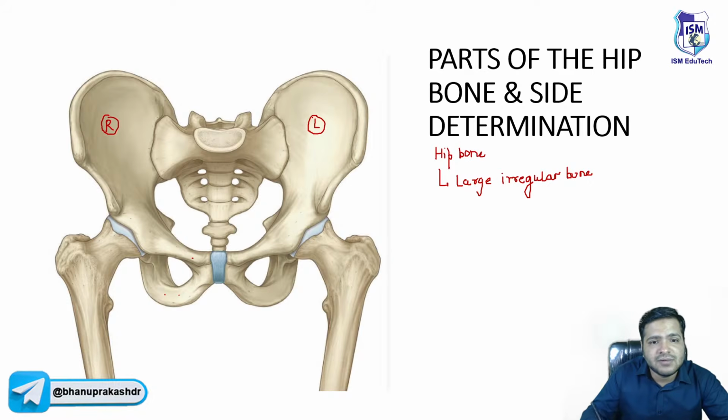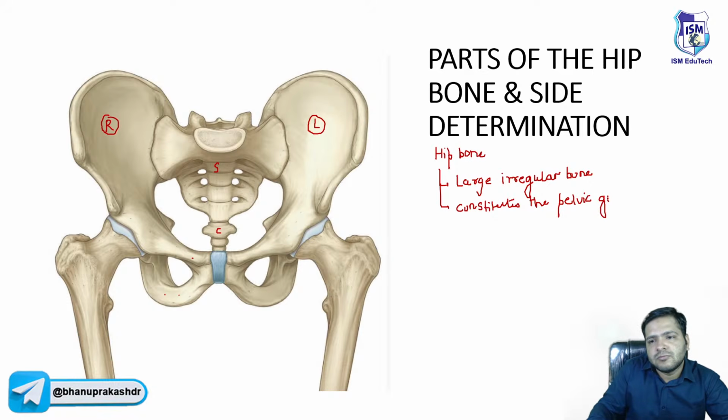तो पेल्विक किस किस का बना हुआ है मैंने पहले भी बताया था, ये सेक्रम बोन हो गई, ये कॉकिक्स हो गई जो पीछे की तरफ है, सेक्रम, सेक्रल वर्टिब्रा, कॉकिक्स, ठीक है, और ये दो हिप बोन्स। So hip bone also constitutes the pelvic girdle. Okay, it constitutes the pelvic girdle, right?